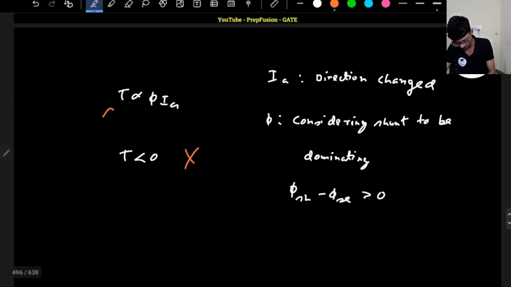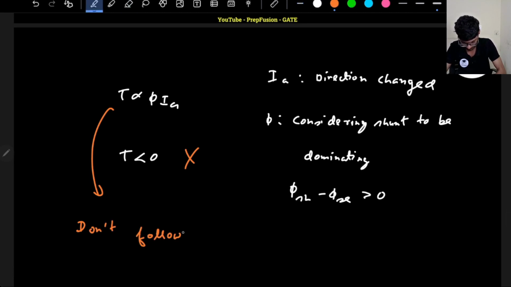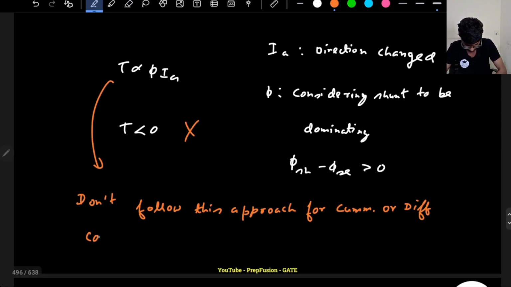So I will suggest you, don't follow this approach for cumulatively or differential compound motor.